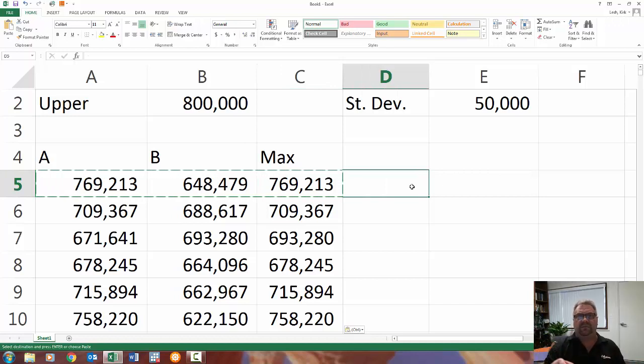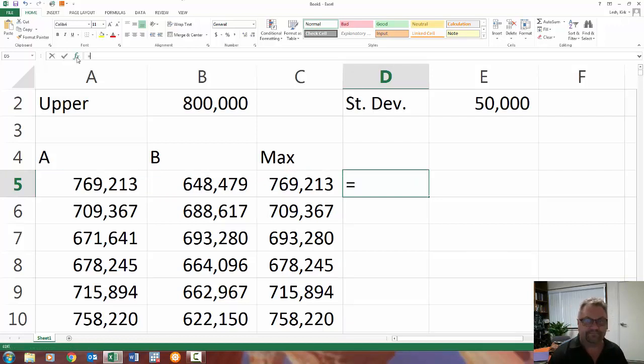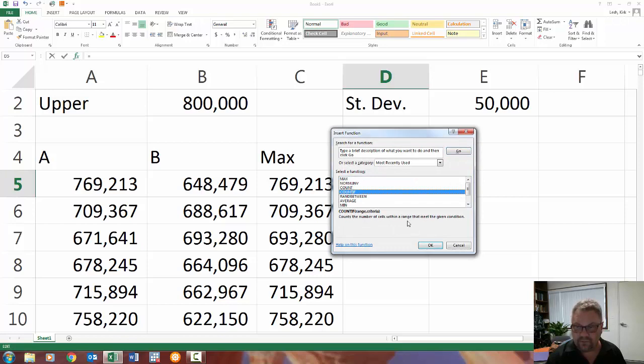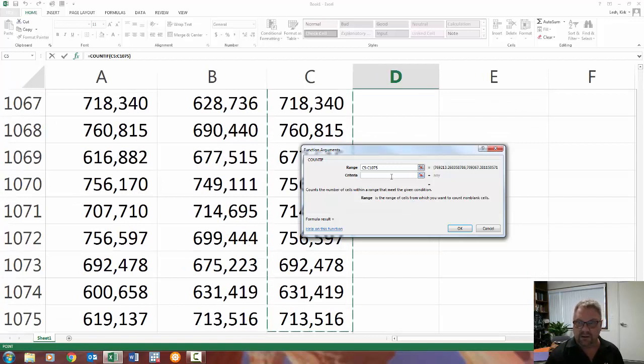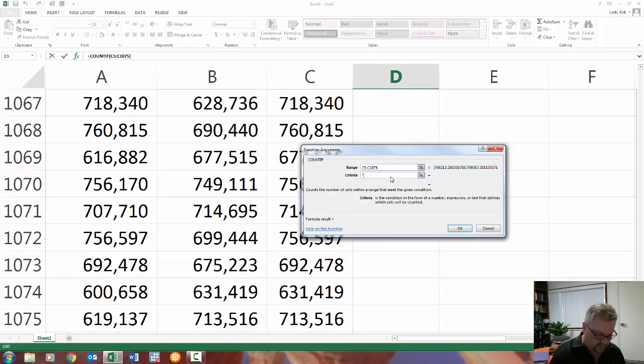If I do greater than 750, then I have to take 1 minus my probability. So I'm going to do a COUNTIF. I want my range to be the maximum bid, and the criteria is, in double quotes, less than 750.